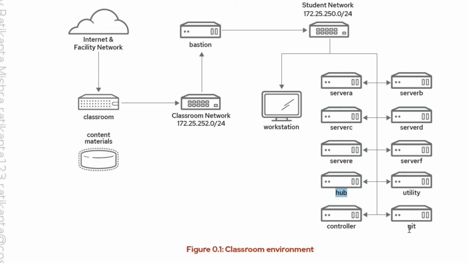And one more VM will be also there called Git. Git is your version control system where you can store your development. Let's say there are many developers developing playbooks every day, where will they store these playbooks? So this is the central place to keep their development available for everyone. Okay, Git.